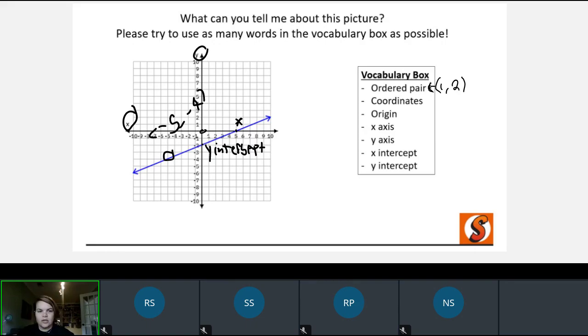So let's go ahead and talk about some of these things that y'all have labeled in here. So the first thing we have is an ordered pair. And good, I see that Marley labeled for us, gave an example of an ordered pair. So 1, 2, exactly. So an ordered pair is going to always be written as x comma y, okay?